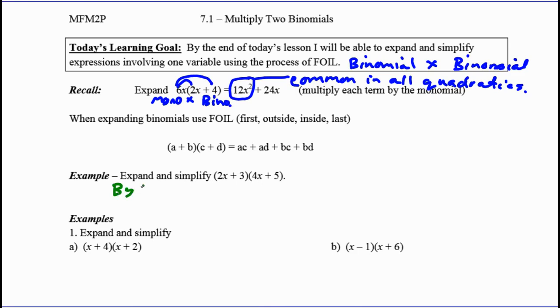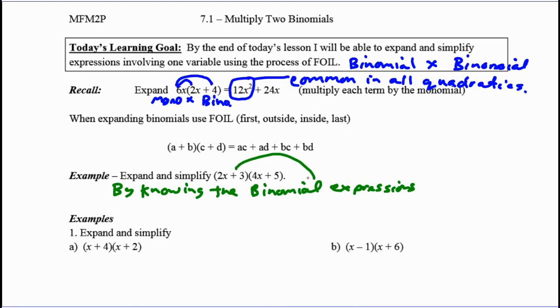By knowing the binomial expressions, we can determine the x-intercepts.